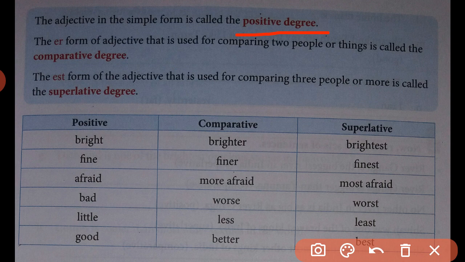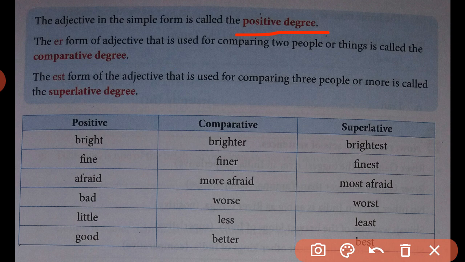For example, suppose I want to compare using the adjective big. Here big itself remains while comparing two things or two persons, as big as, so big as. In that case, the adjective we use in the sentence is a positive degree form.